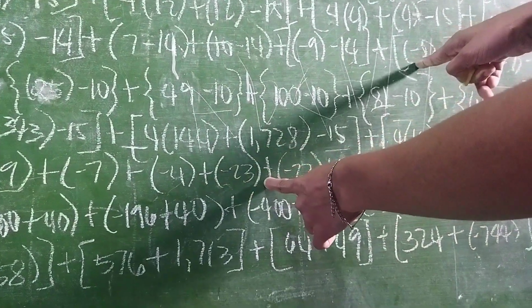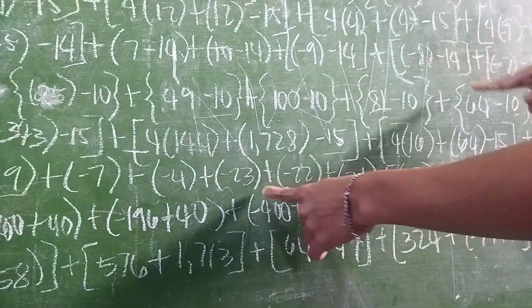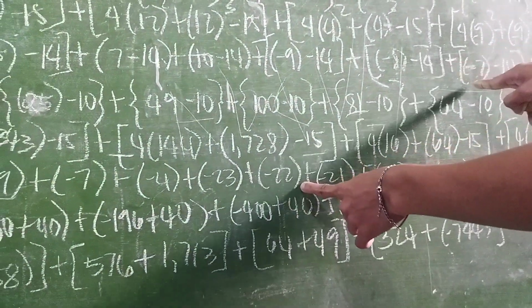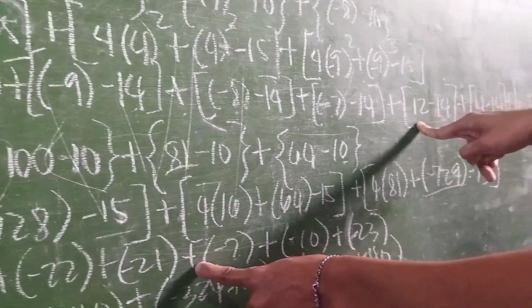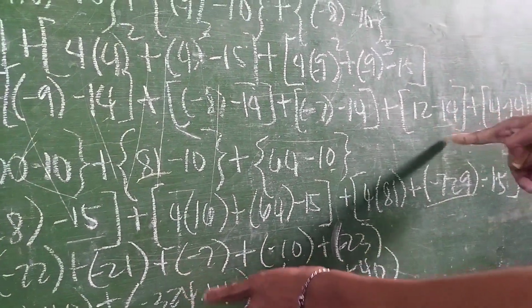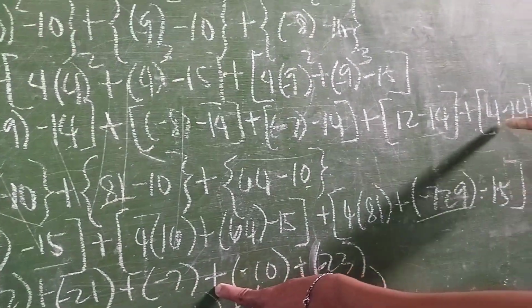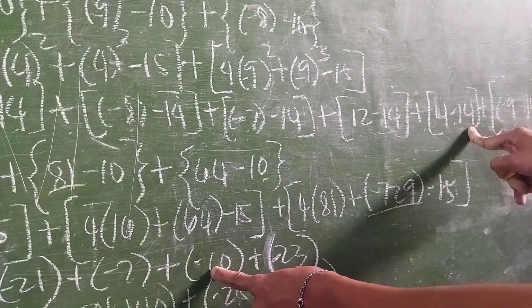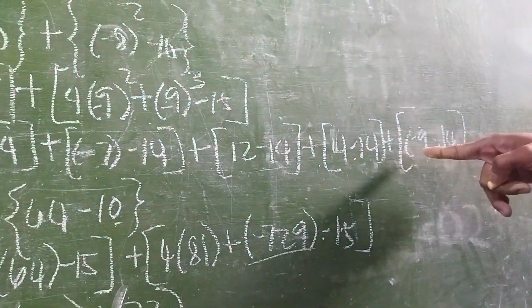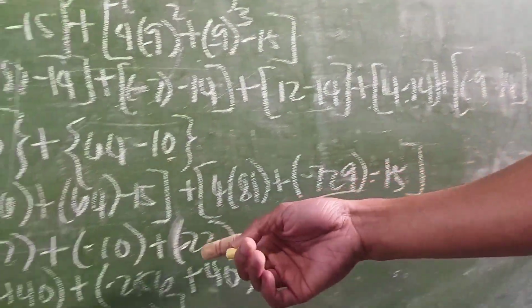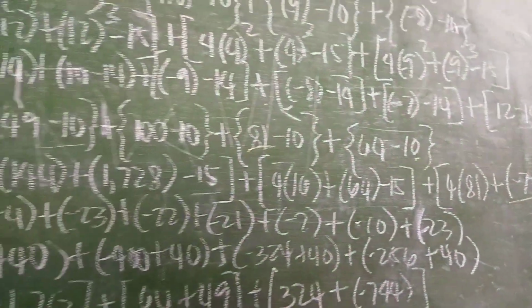Plus negative 8 minus 14 is equal to negative 22. Plus negative 7 minus 14 is equal to negative 21. Plus positive 12 minus 14 is equal to negative 2. Plus 4 minus 14 is equal to negative 10. Plus negative 9 minus 14 is equal to negative 23.